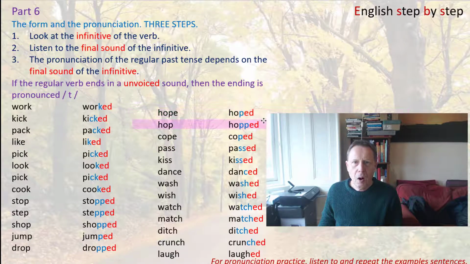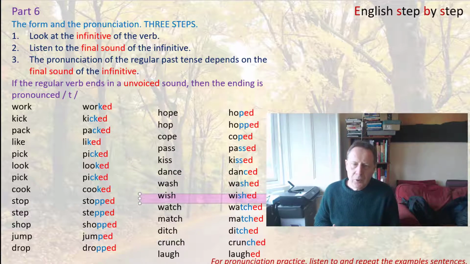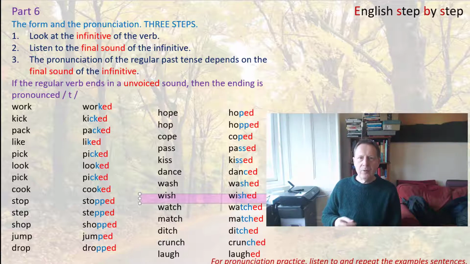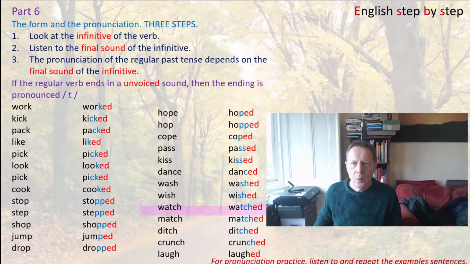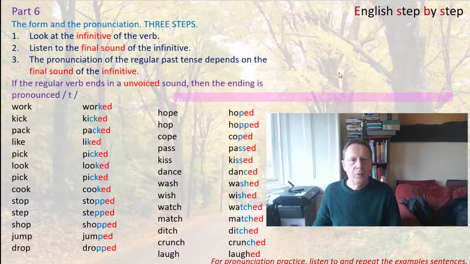Hoped, hopped, coped, passed, kissed, danced, washed, wished. So you have to get used to this sound at the end with the t sound. Watched, matched, ditched, crunched, laughed. So all of these have an unvoiced sound at the end of the infinitive, and you pronounce t for the ending.